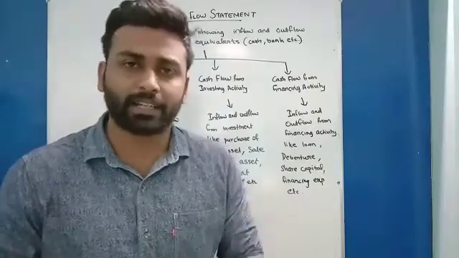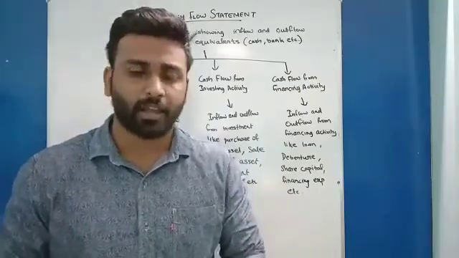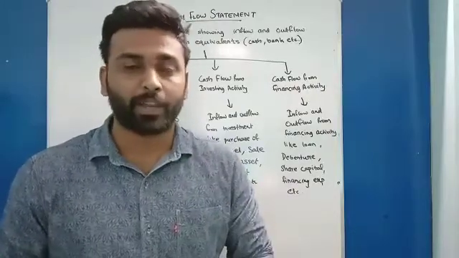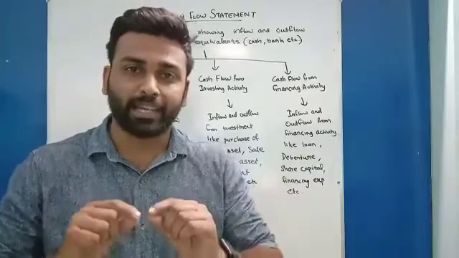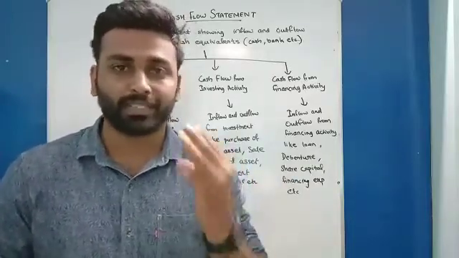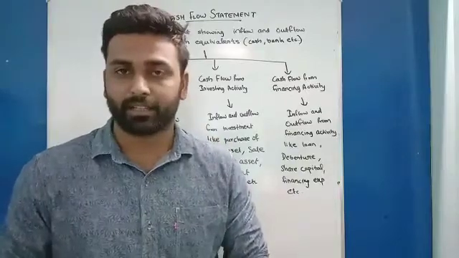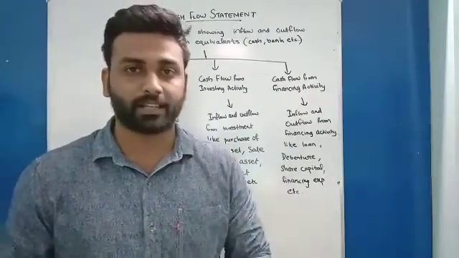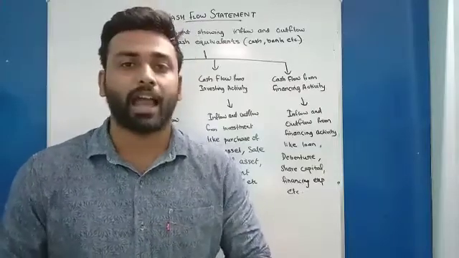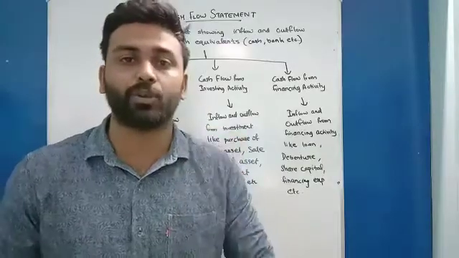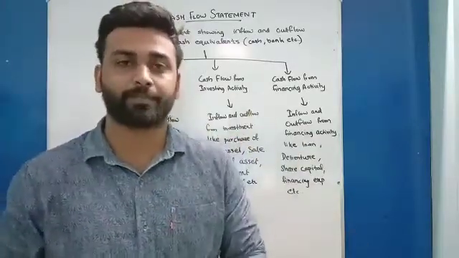There were no further classifications for that, but in the cash flow statement we will divide the total activity of the company into three. I repeat, in a company we prepare the cash flow statement as a financial statement, and the cash flow statement is divided into three activities.